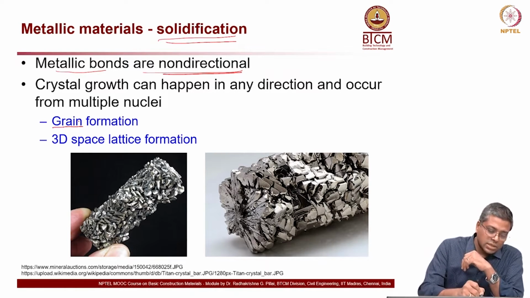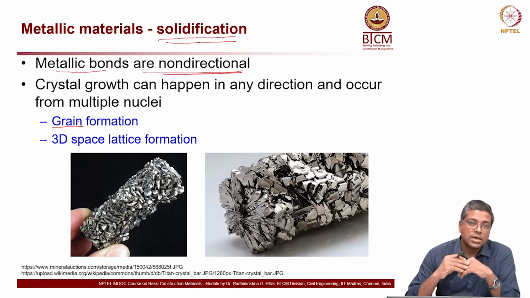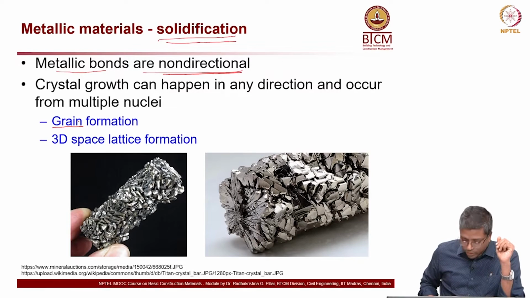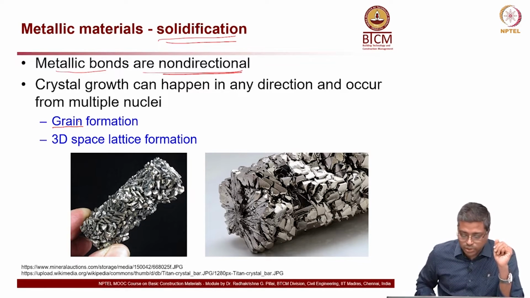The size of the grains, the imperfections and many things inside the metal in the 3D space are heavily dependent on the rate of cooling and the temperature which we adopt, etc.